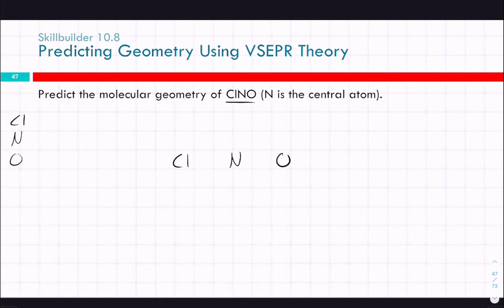How many valence electrons does chlorine have? 7. Again, it's in column 7A, or 17 on these periodic tables, so it has 7 valence electrons. How many does nitrogen have? 5, thank you. And oxygen? 6. So then we can just add all of those together. We'll get 18 electrons.